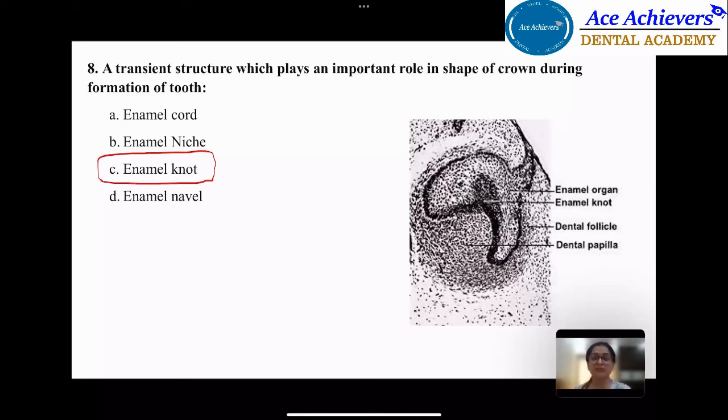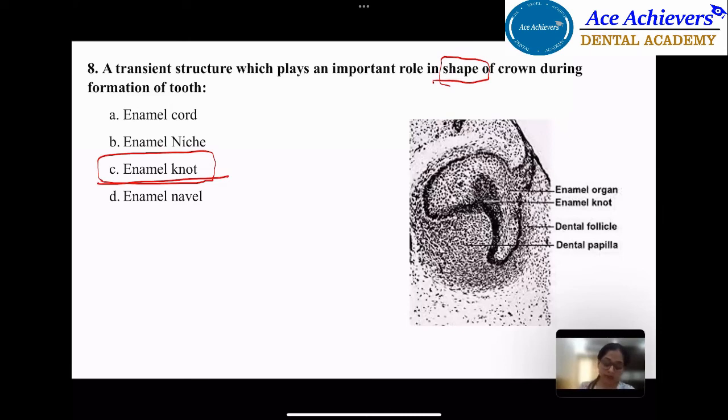They express a lot of signaling molecules. We will not get into the details of the signaling molecules here, but in simple terms, just remember they express a lot of signaling molecules and determine the cuspal morphogenesis. Morphogenesis means the shape. So the shape is determined by the enamel knot.